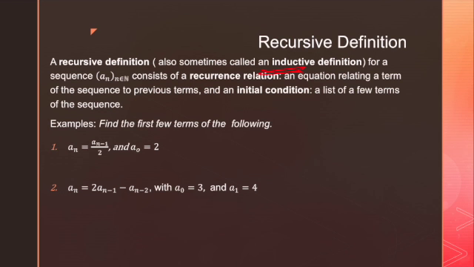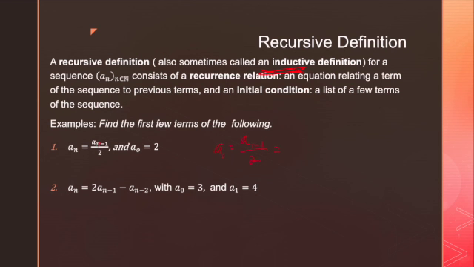So let's find the first few terms of the following. Now I'm going to have a sub n equals a sub n minus 1 over 2. Well, a sub 1 minus 1 is a sub 0, which we have defined for us. So I have 2 over 2, which is 1. Now I have a sub 1.